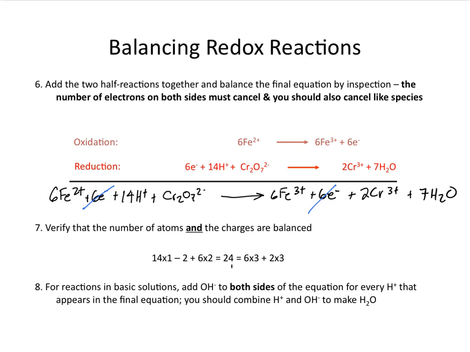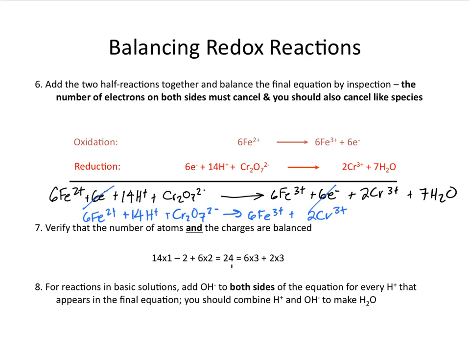So if we rewrite that, we end up with 6 Fe2 plus, 14 H plus, Cr2O7 2 minus. And that gives us 6 Fe3 plus, 2 Cr3 plus.